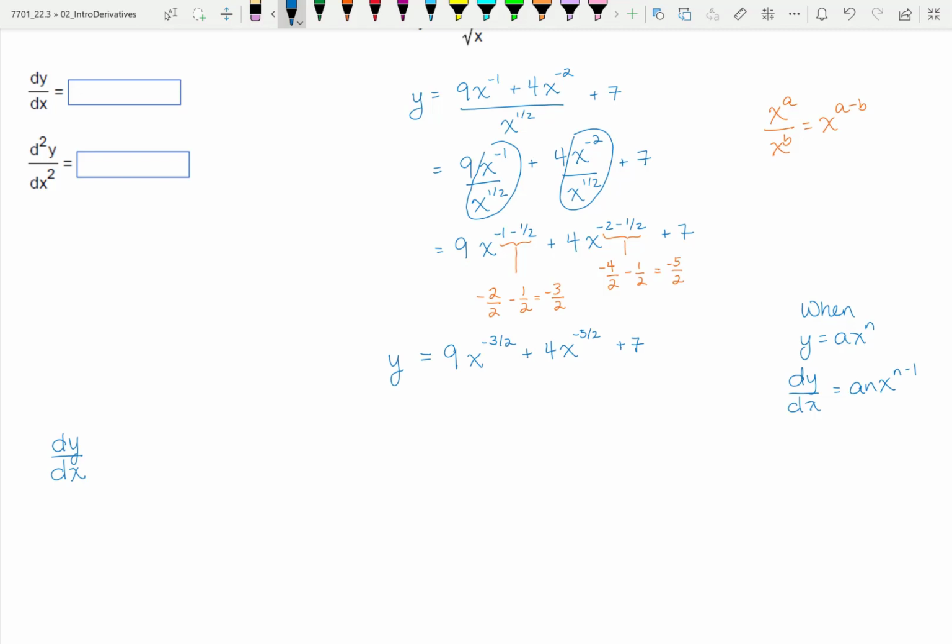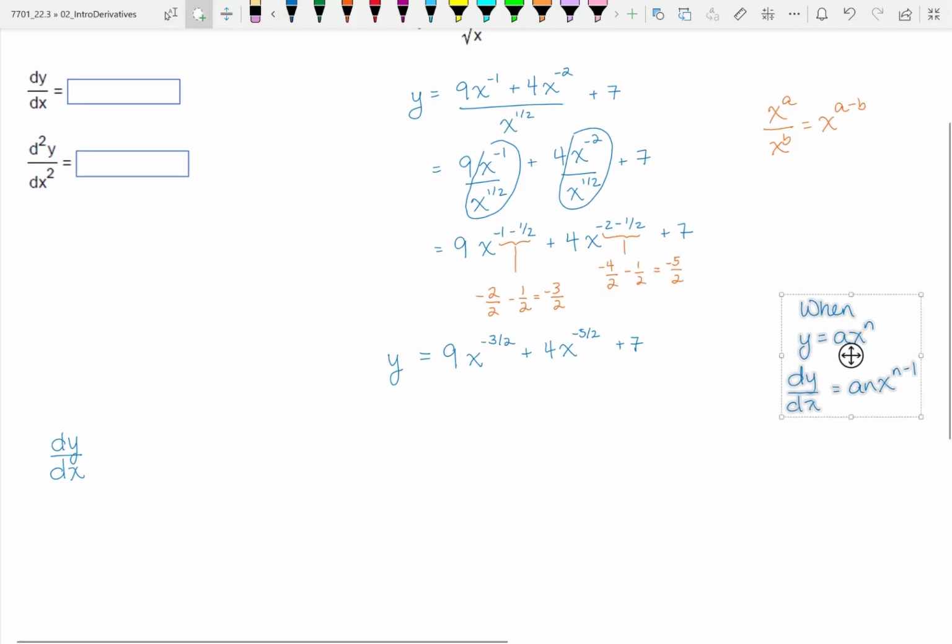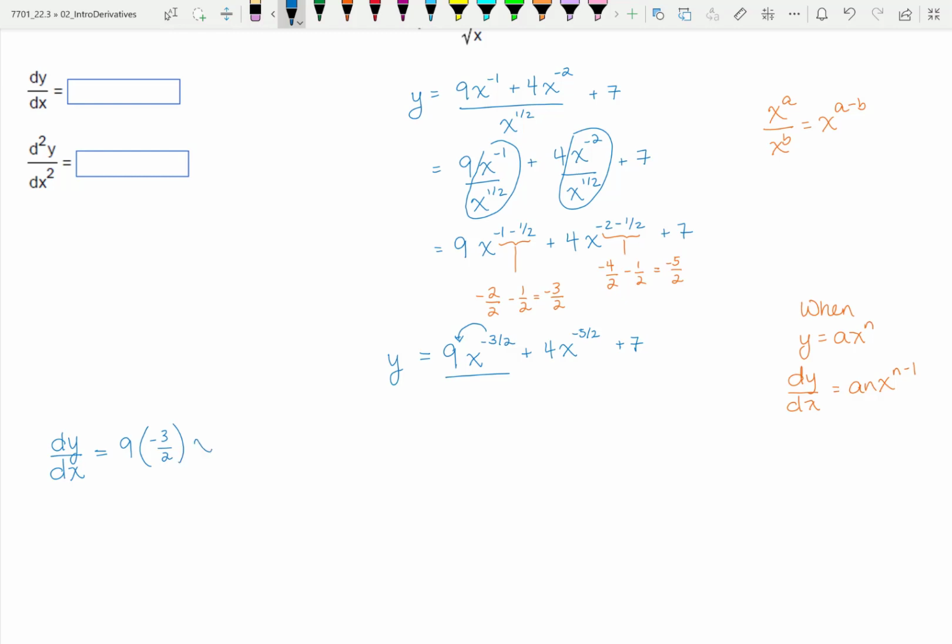Now doing the derivative, I'm going to first focus on our term 9x to the power of negative 3 halves. The 9 is a coefficient, it just goes along for the ride. And then I pull back the exponent, negative 3 halves. X to the power of negative 3 halves minus 1. 1 is the same thing as 2 halves.